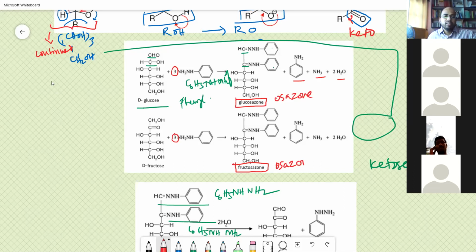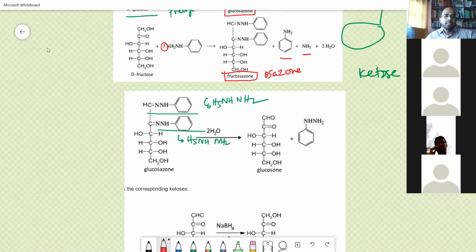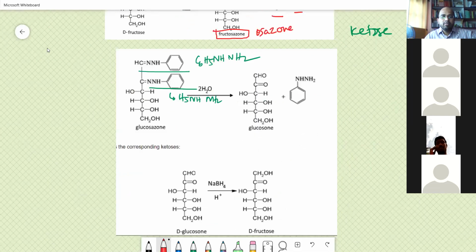Now this conversion is what I have put here. Glucosazone and then followed by water and hydrolysis. It gives glucosone. You will have a CHO group here. And this is reduced by sodium borohydride. Remember, in our case, we also used zinc in acetic acid.